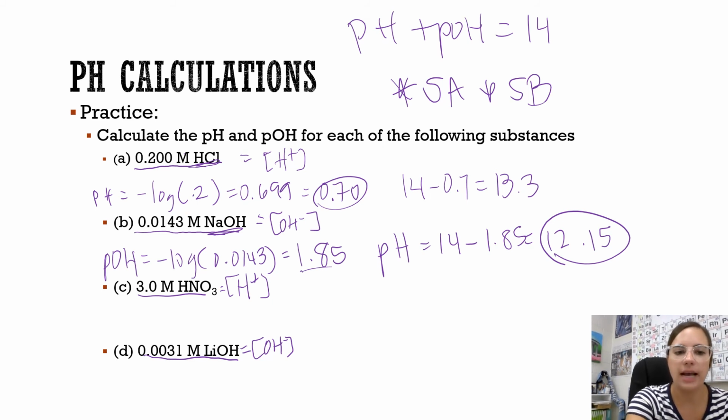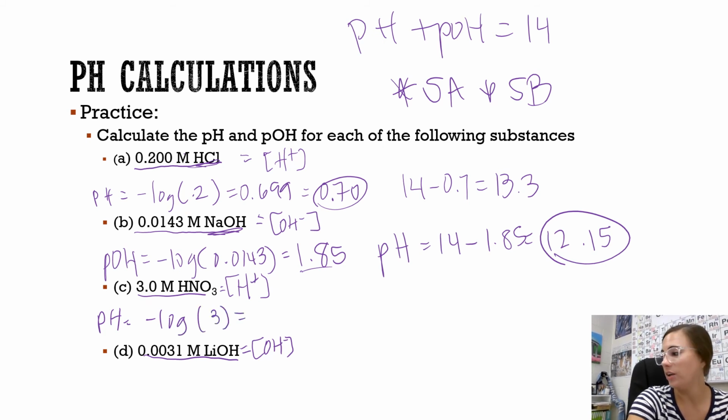All right, C is an acid, so taking the negative log is giving me the pH, so the negative log of 3. When we have a really high molarity, you're going to see the negative log of this is negative 0.477. It's actually off the pH scale, and I told you yesterday that that is possible.